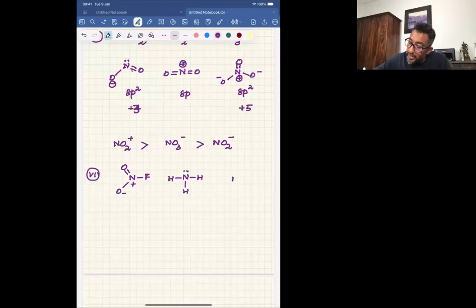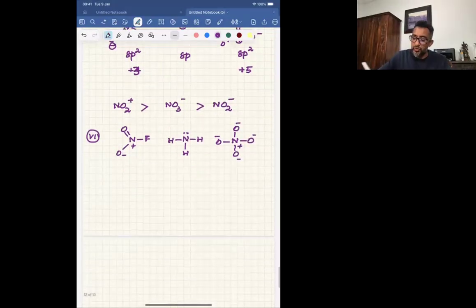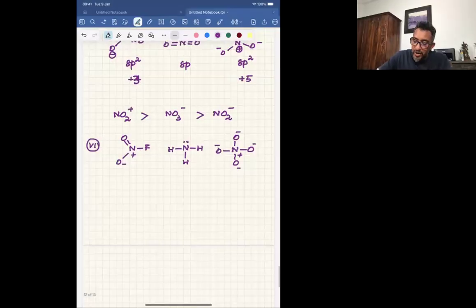And NO4 3 minus, with minus, minus, minus, minus, and this is plus. Let's see how this is going to work. What is the hybridization? NO2F: 1, 2, 3, sp2. This one, 1, 2, 3, 4, sp3. This one, 1, 2, 3, 4, sp3.